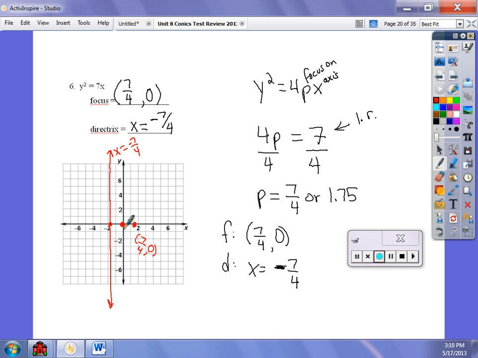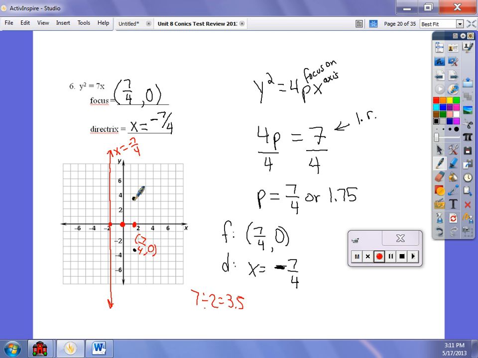So now to do the latus rectum, the distance of the parabola going through the focus has to be 7. So 7 divided by 2 is 3.5. So to graph this, I'm going to go up 3.5 from the focus and down 3.5 from the focus, because these dots have to go in the same line as the focus.